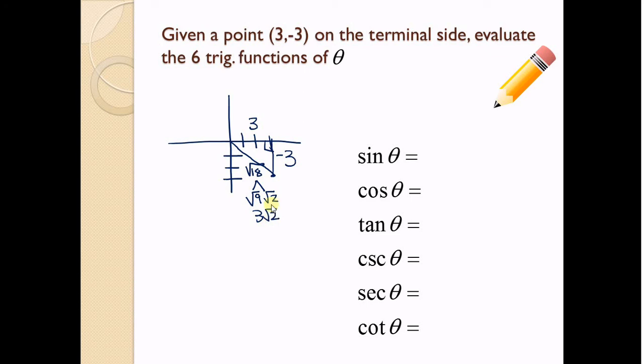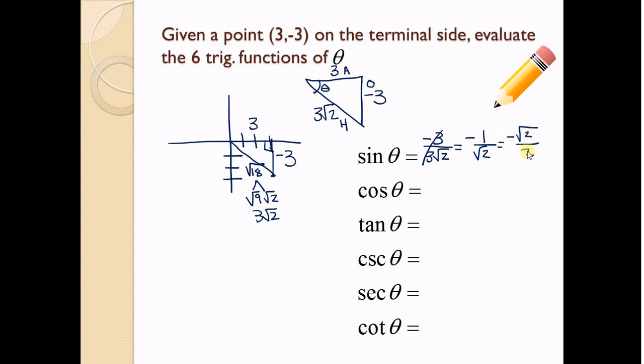So if I draw this off to the side here, just so I can see my triangle, I'm going to have a 3 root 2 over here, a 3, and a negative 3. Here is my theta. So I have the hypotenuse here, the opposite here, and the adjacent there. So sine, opposite over hypotenuse, negative 3 over 3 root 2. Notice my 3's cancel. I'm going to be left with negative 1 over square root 2, which is negative square root of 2 over 2.